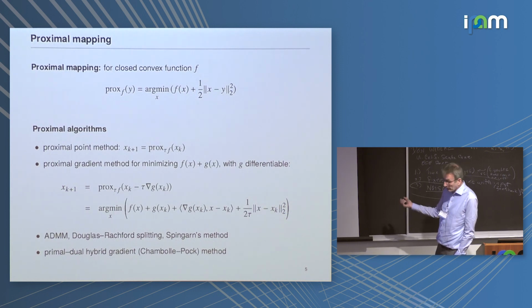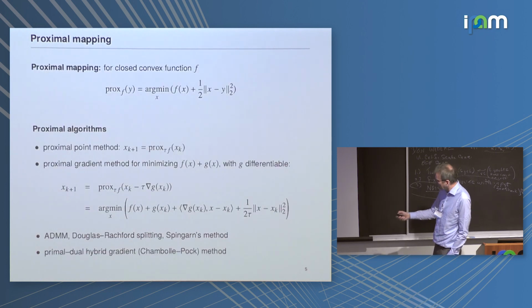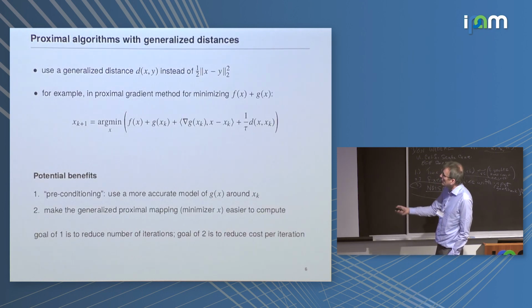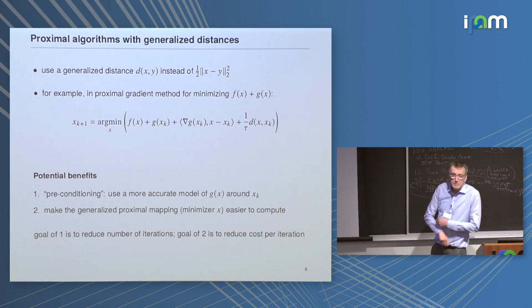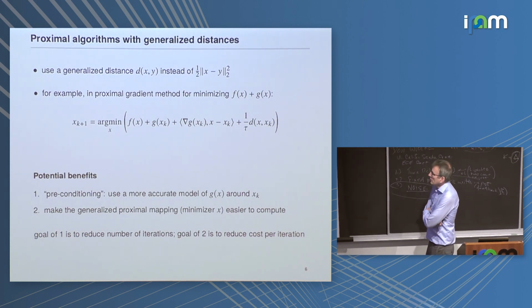And xk is the previous iterate, and the solution of this problem is the next iterate. So in a proximal gradient method based on the Bregman distance, you replace the squared Euclidean distance with a Bregman, or generalized distance, and define this as your proximal gradient method. This is sometimes referred to as preconditioning, and preconditioning would mean that you do this in order to obtain a method that hopefully converges in fewer iterations.